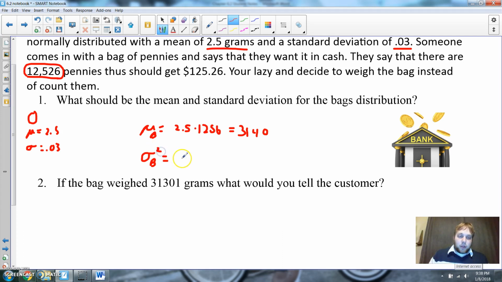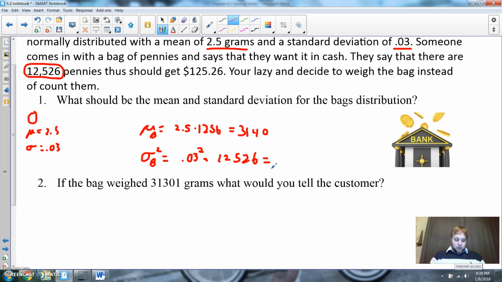We're going to take 0.03 squared, plus 0.03 squared, and I could do this 12,526 times, or we could do it by shorthand and just multiply by 12,526.